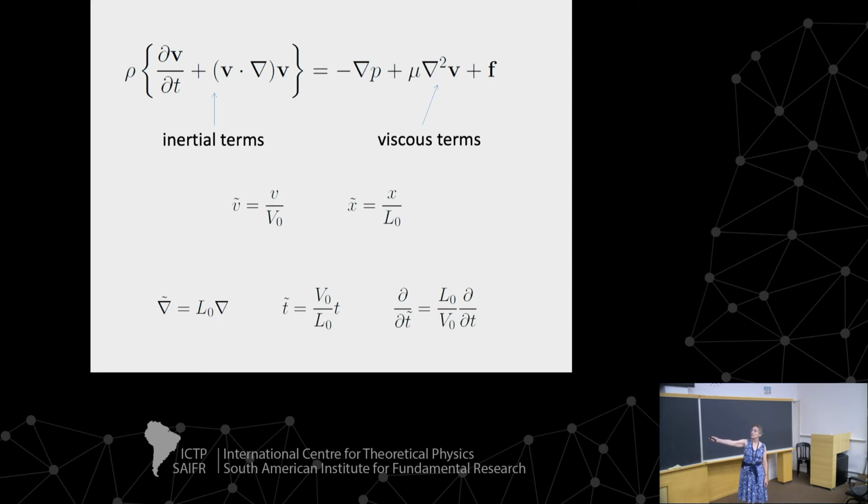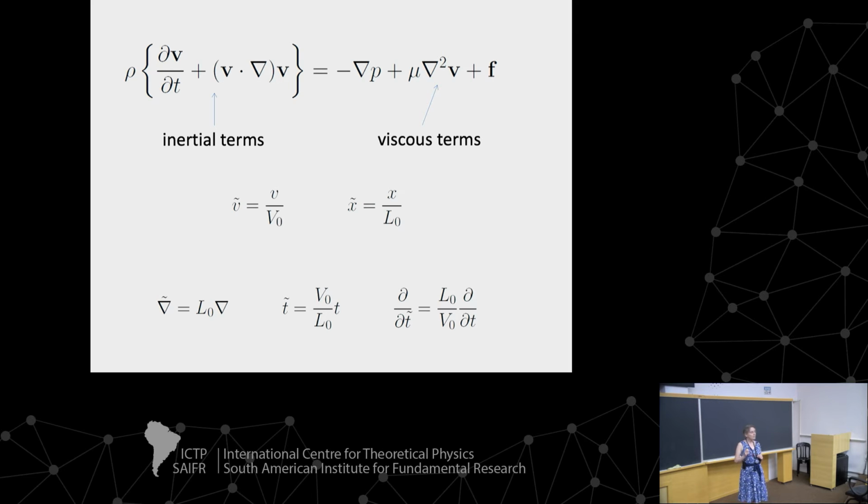That's what is described by these inertial terms. If you just had conservation of momentum, the inertial terms would be the important ones. But you don't keep going forever, and that's because of these terms here, the viscous terms. The viscosity will eventually slow you down and bring you to a halt.